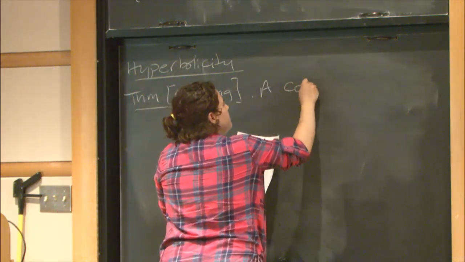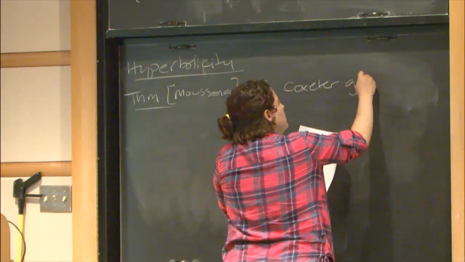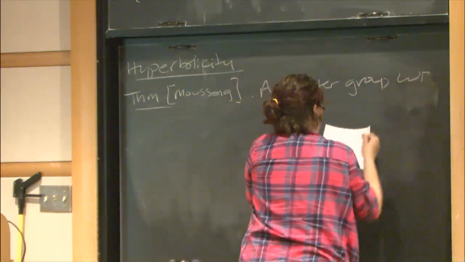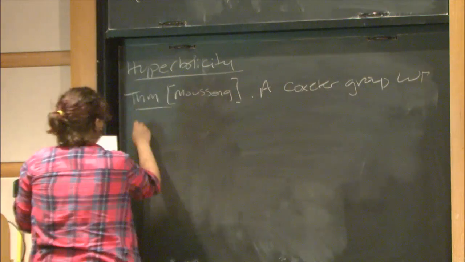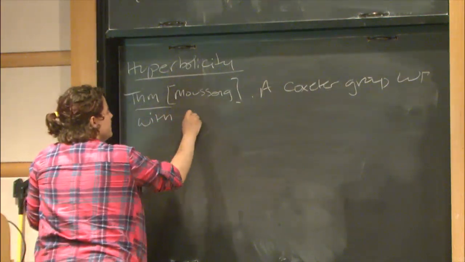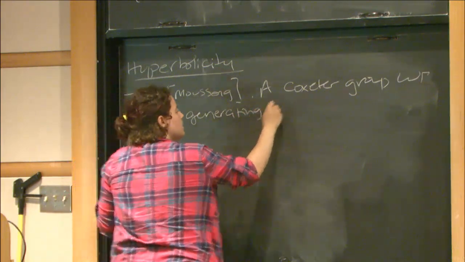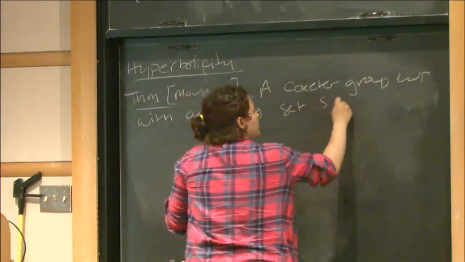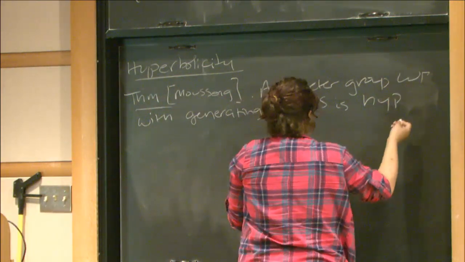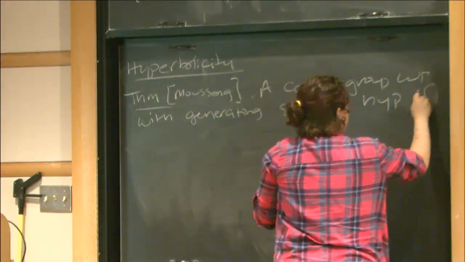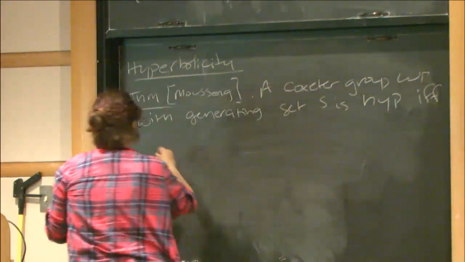So a Coxeter group with generating set S is hyperbolic if and only if the following hold.